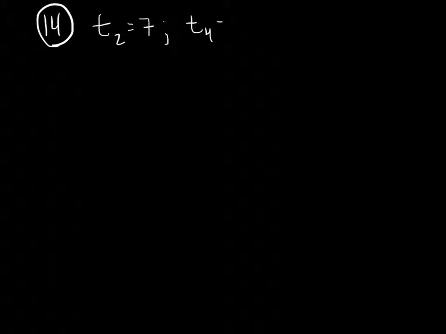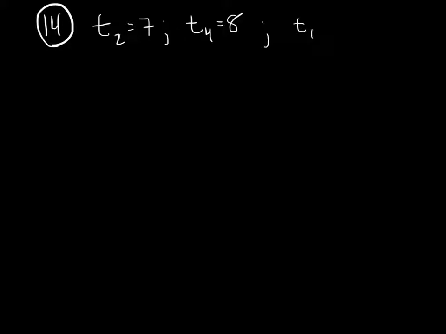Another example doing the same thing. 14. It's a little bit different. They tell us t sub 2 is equal to 7 and t sub 4 is equal to 8, and they want us to find t sub 1.